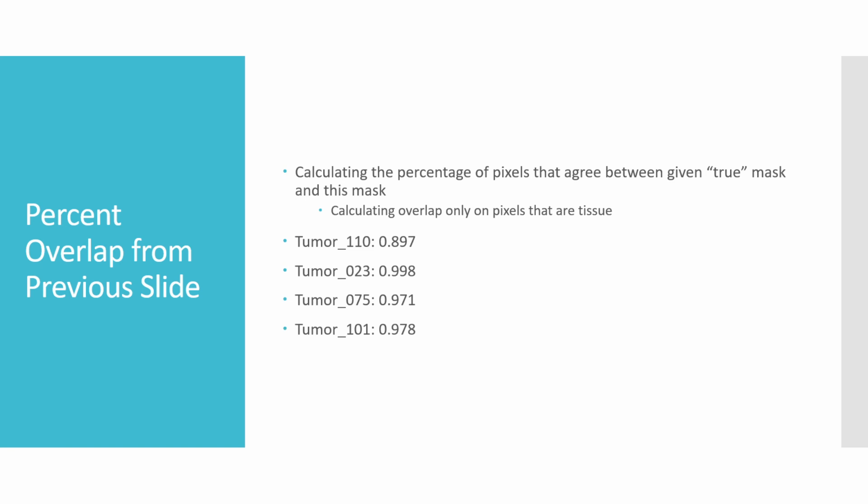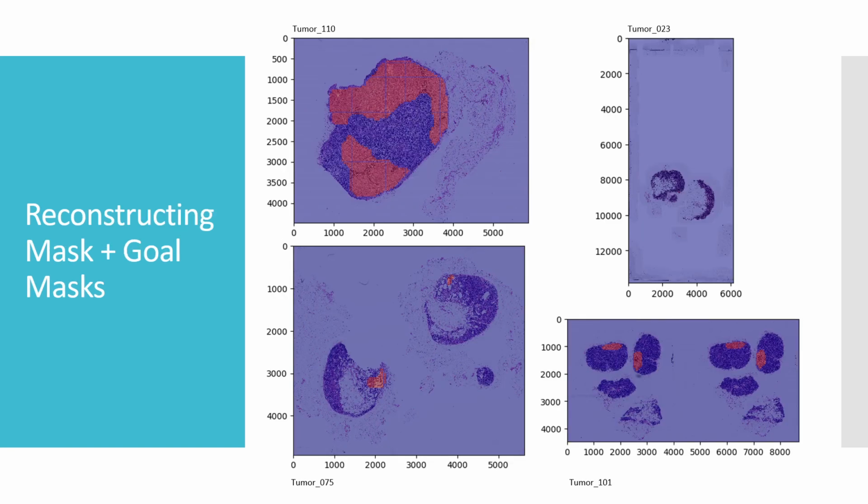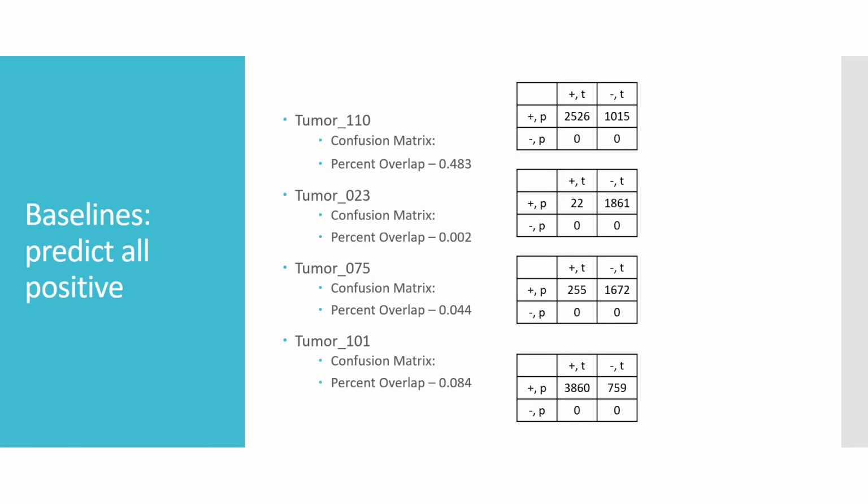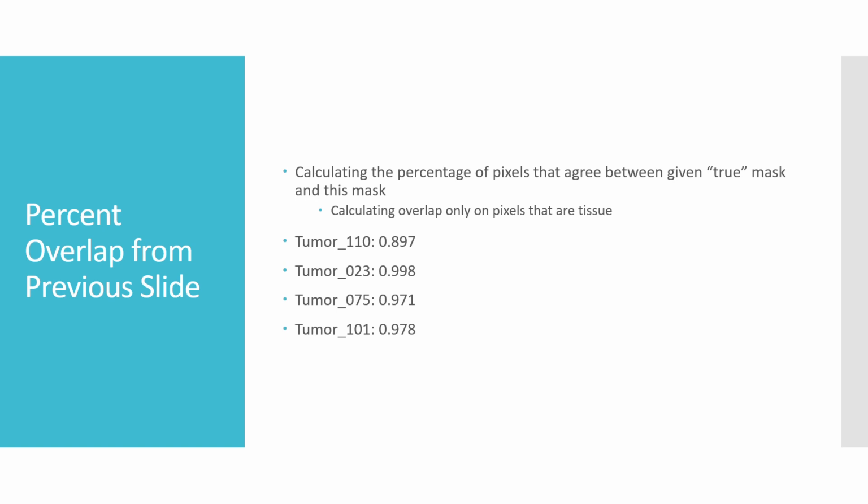So the percent overlap is pretty good for the perfect case, and getting something close to these values is ideal.